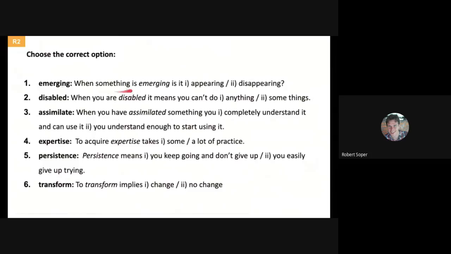And when something is emerging, is it appearing or disappearing? What you have to do is choose the correct word. So, you have to think about what emerging means and think when something is emerging, is it appearing or disappearing?